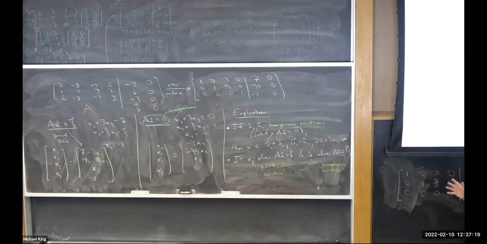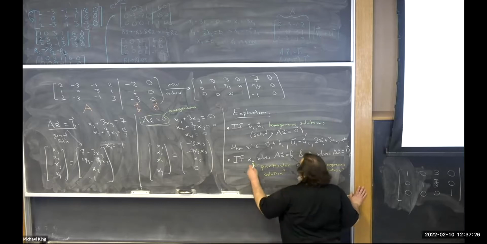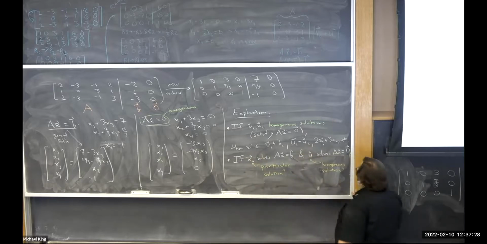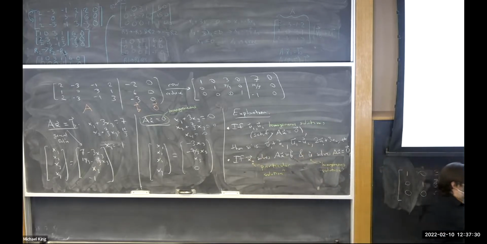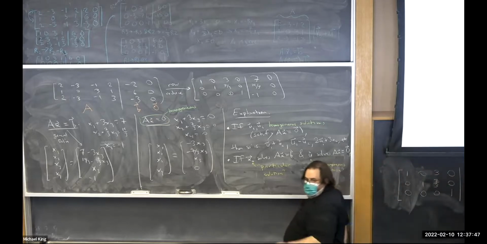Yeah, so that's what those are called. And if you had x naught solving that and U solving that, I know you guys had it over here, if you added two of these solutions, you actually got another solution to AX equals B. And you guys had that too, I see Zephyr nodding.